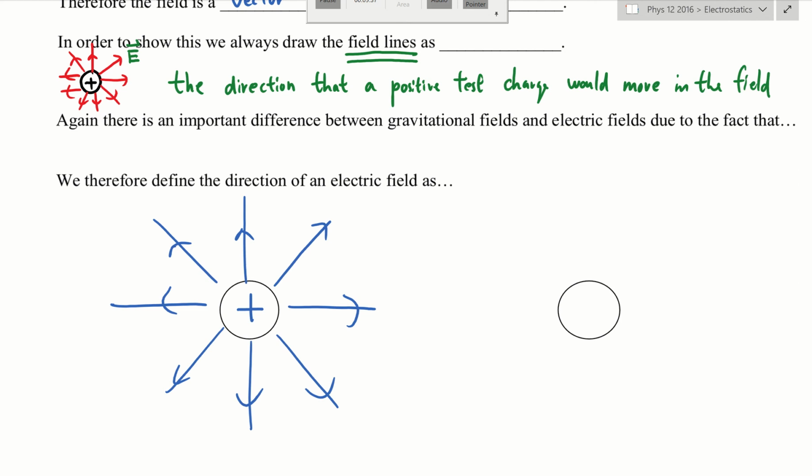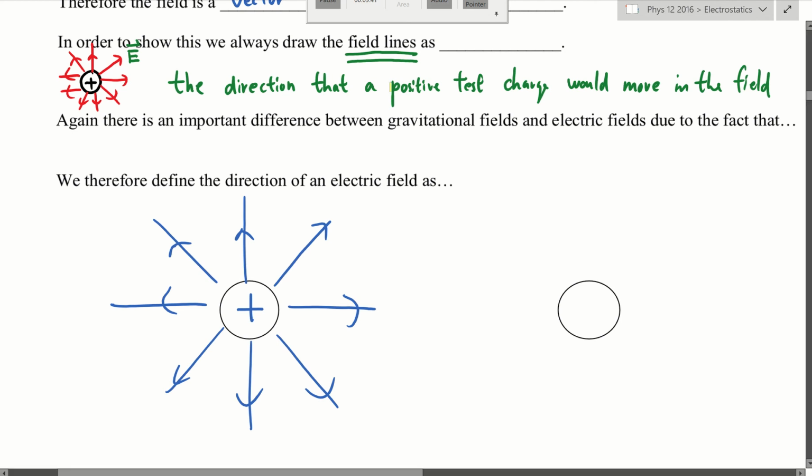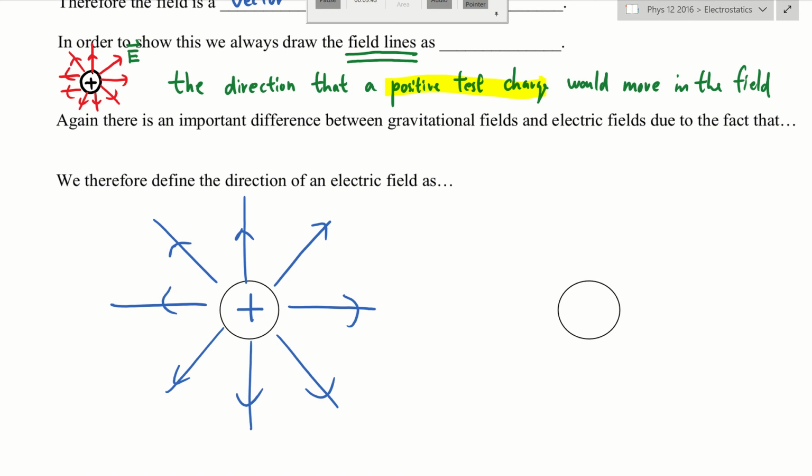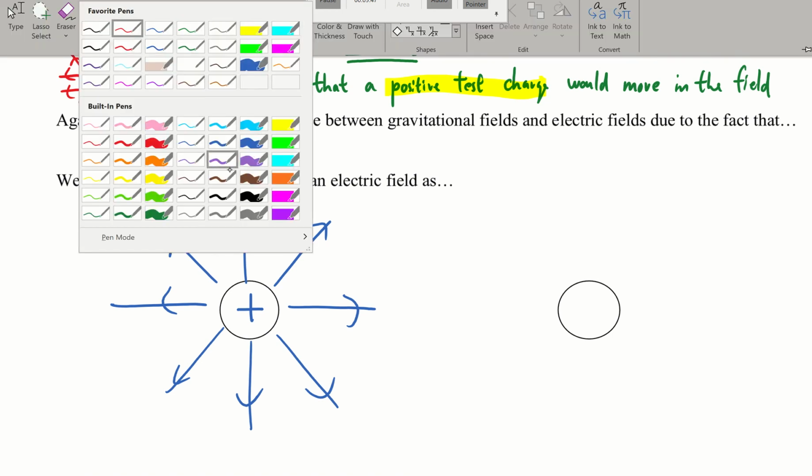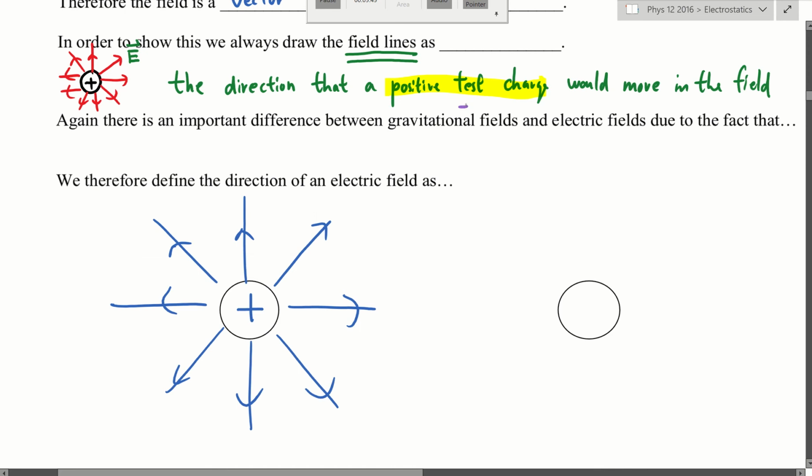Now, what does that mean? What is a positive test charge? A positive test charge means a little tiny positive charge that is not the one giving out the electric field. So let's say you have this little tiny proton, which is a positive test charge.